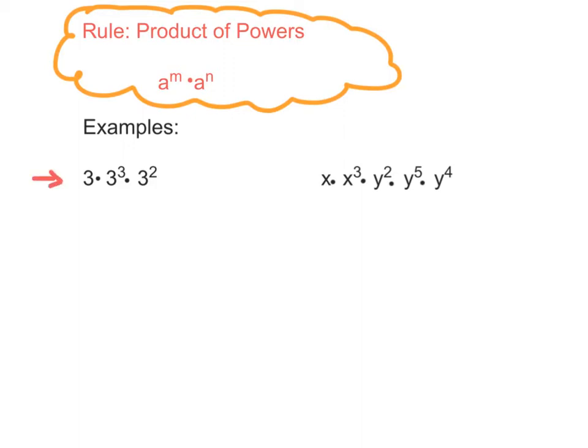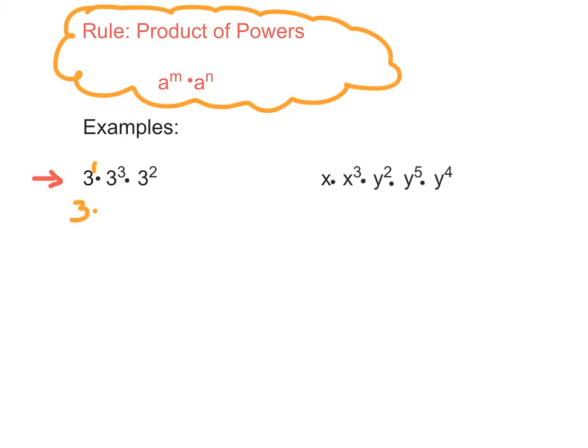As I mentioned on the previous screen, when something doesn't have an exponent, the exponent is 1. So we have 3 to the first power times 3 to the third power times 3 to the second power. Exponents say to multiply the base times itself that many times. So 3 to the first power is just 3.